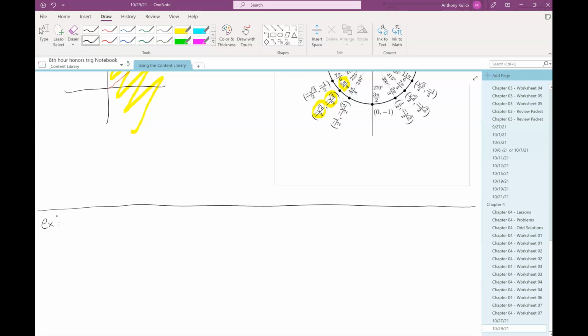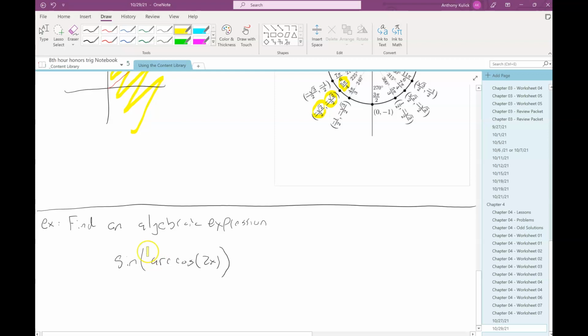All right, one more example. Let's say we want to find an algebraic expression for sine of arccosine of 2x. Here's the idea.